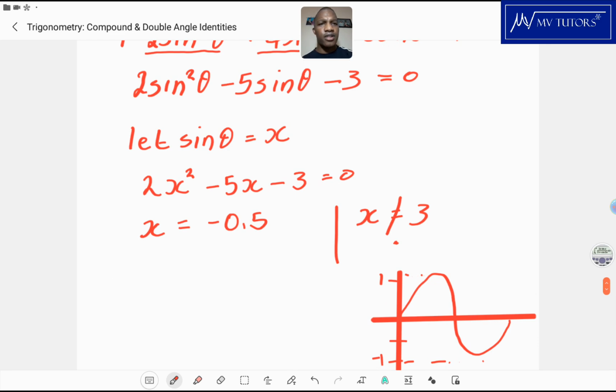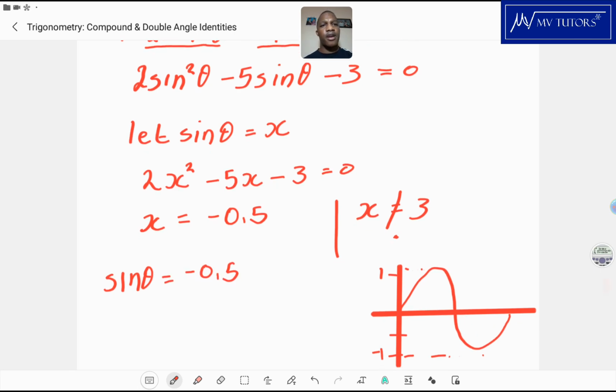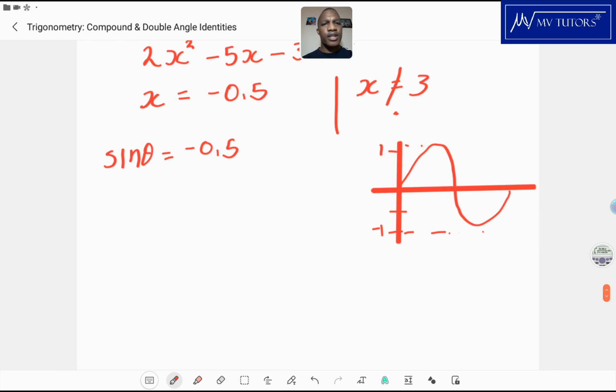Now let's remember, x we said is sine theta, equal to minus 0.5. From there, we can solve for theta. Let's get the reference angle, which is equal to arc sine of 0.5. Now, there are two methods, but the one I prefer is that the sign, positive or negative, just tells you which quadrant it's in.